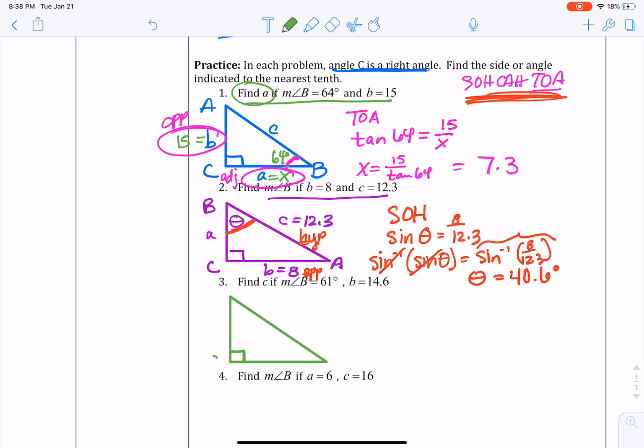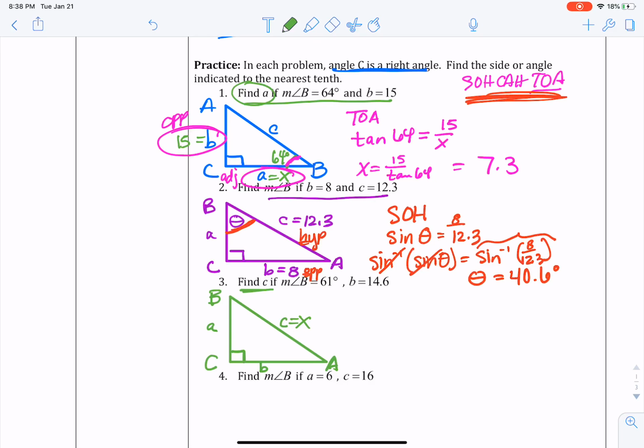So, same thing, C, B, A, C, A, B. Find C, that means this is X. I do that every time because I like to solve for X, and I want to identify what I don't know.